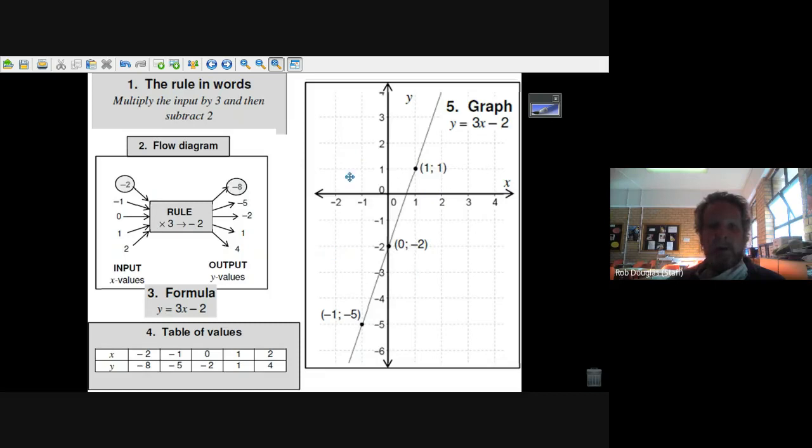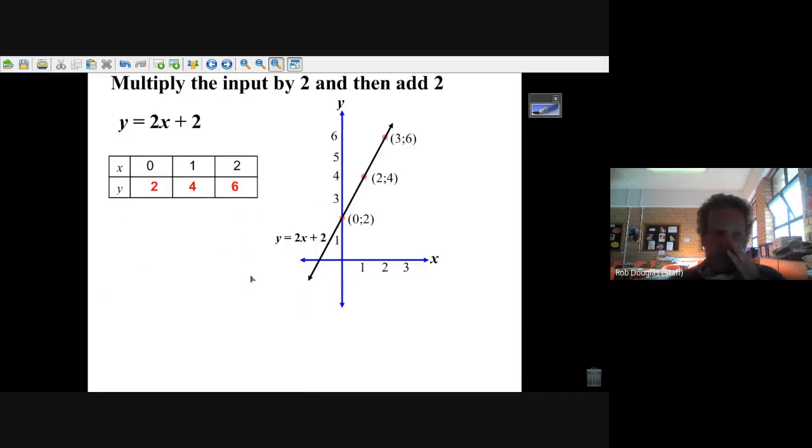This whole thing's called the Cartesian plane. This 3x minus 2 is algebra, but this line is geometry on a page. Well, we've kind of combined the world of geometry with the world of algebra, and they used to think they were different worlds, but when we do graphing, we combine the two worlds in a way.